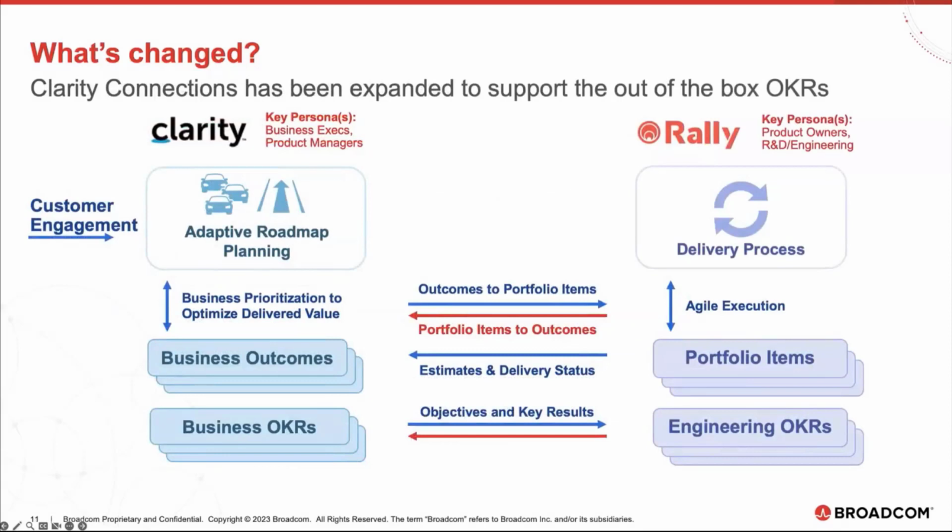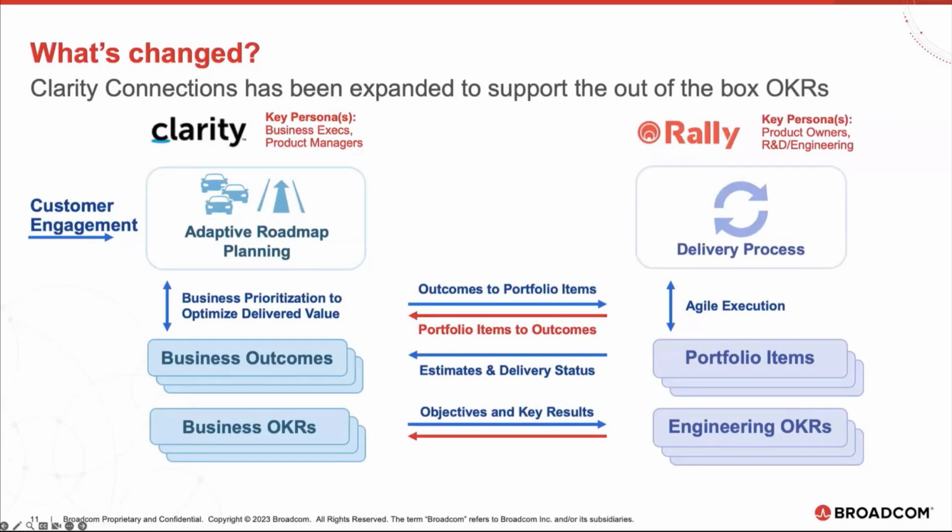Clarity Connections has been expanded to support the new out-of-the-box OKRs. So as a reminder, the goal of the Clarity Connections solution is to tie Clarity and Rally together. You can start with Clarity business outcomes, import them into a Clarity roadmap, and then the integration can use these business outcomes from an approved roadmap scenario to create portfolio items in Rally. The integration can also use portfolio items in Rally to create business outcomes in Clarity.